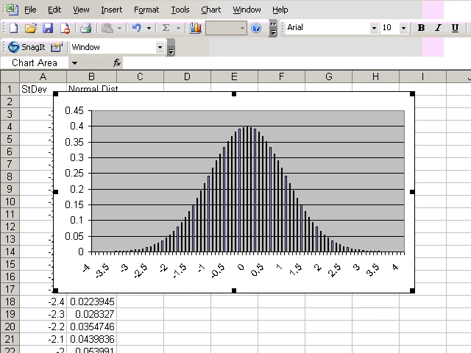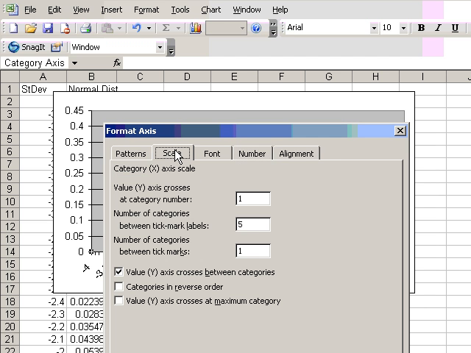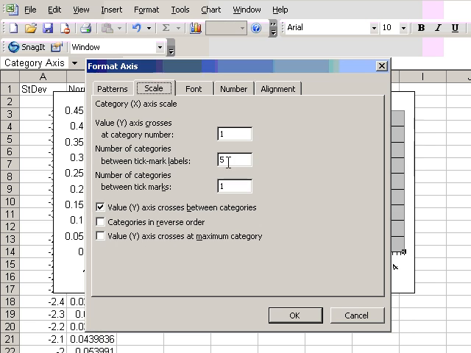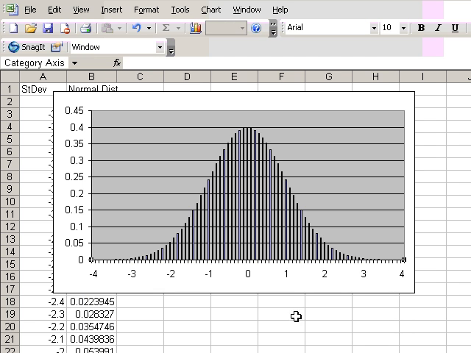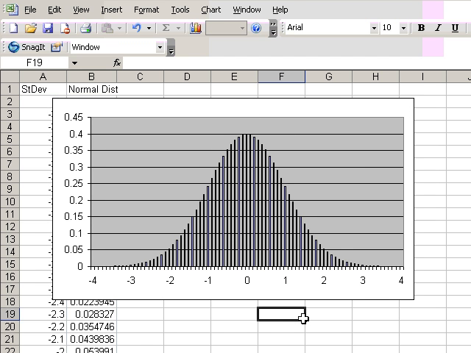And if I go back up to the chart, and now I'll format the axis, and we now have essentially the same chart that is shown in figure 6.10.